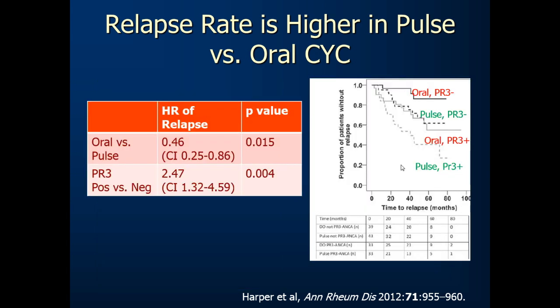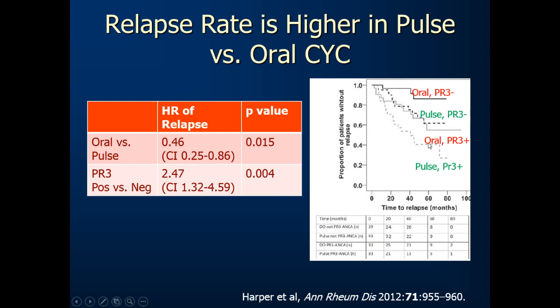Okay. And this is that same study looking at what happened to these patients. The hazard ratio for oral versus pulse was lower if you received oral. And then if patients were PR3 positive, so these are the patients that tended to be the GPA or old Wegener's patients, you had a much higher hazard ratio of relapse over time.